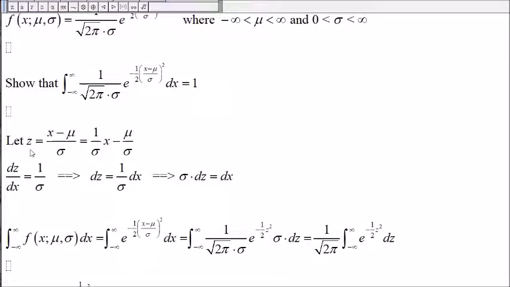The derivative of z with respect to x will be 1 over sigma. Mu over sigma is constant, so the derivative is 0. So the derivative of z would be 1 over sigma times x. And so we have sigma times dz is equal to dx.